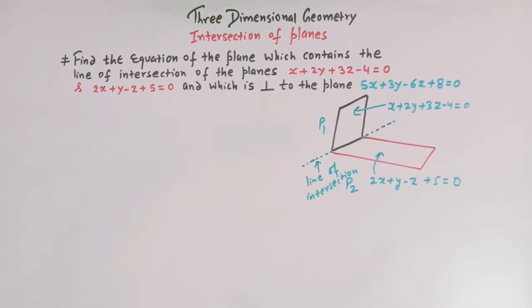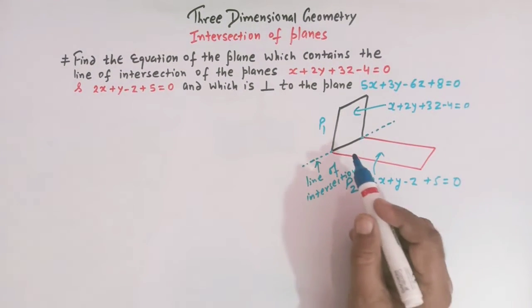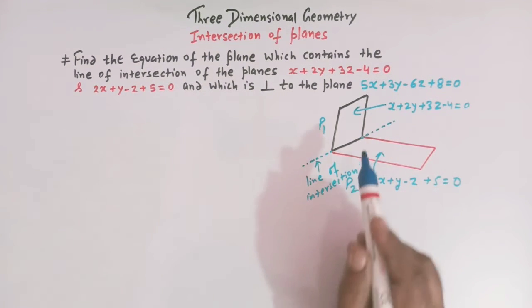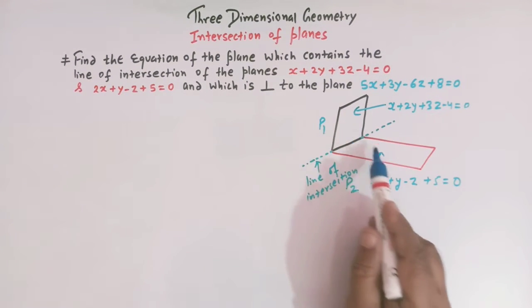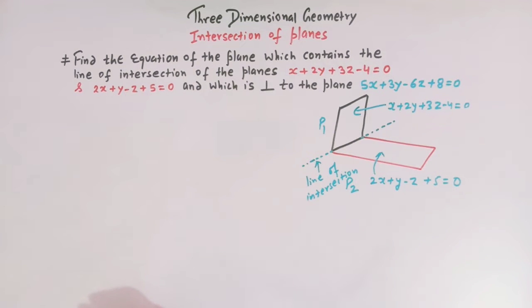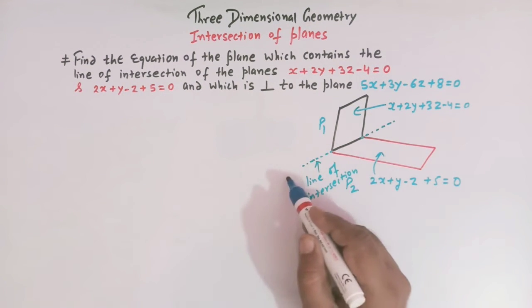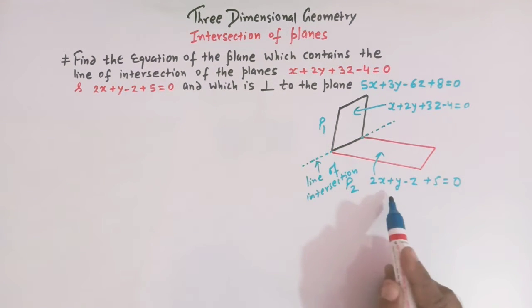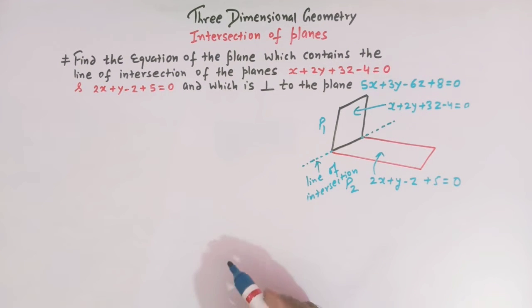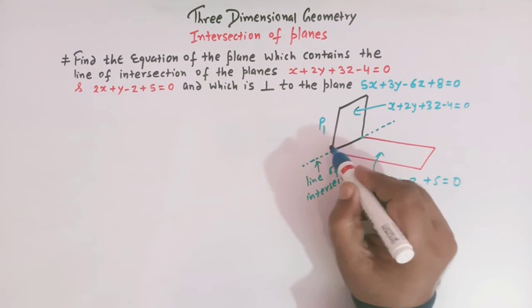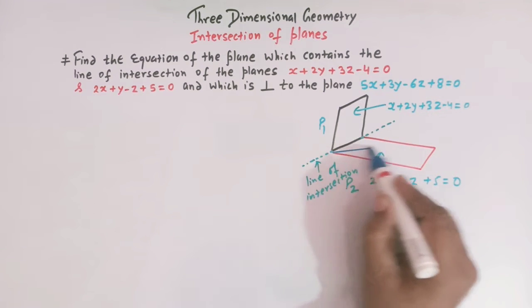Now here we have to find the equation of a plane which passes through the line of intersection of these two planes. There may be an infinite number of planes which can pass through the line of intersection of these two planes P1 and P2. So let us take the plane like this.